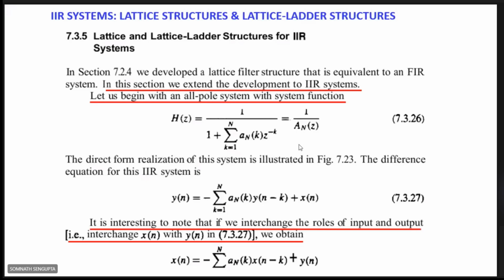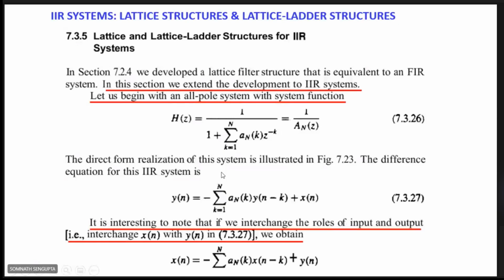As you have seen in the case of FIR system, it was A_M(z) for different orders of M, we have seen different polynomials arise. So here the same situation, but it is in the denominator side.